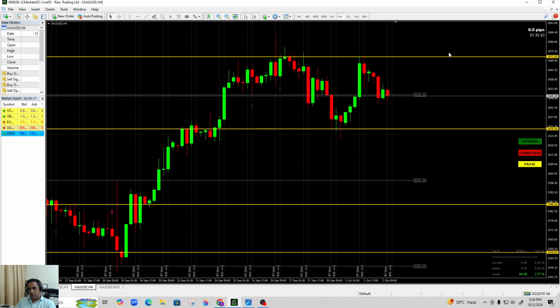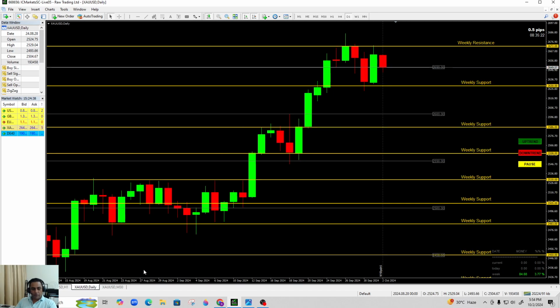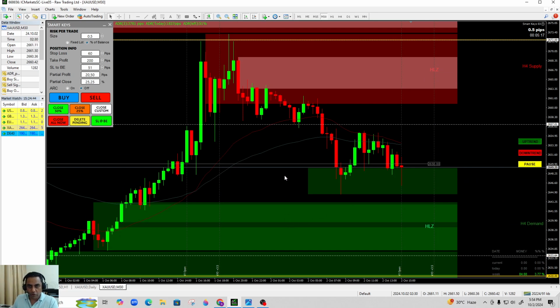It's right in between that resistance and that support, between 2672 and 2630, right in the middle. So you can get a reaction there. But I'm not looking to take a trade there. That's not a trade that is in my trade plan. Okay, I wait at the extreme. So I'm going to wait at these extremes to look for an opportunity.